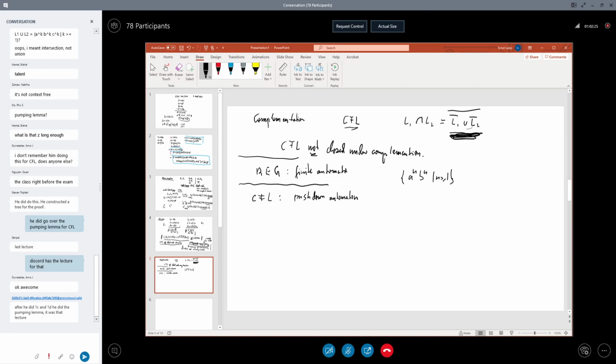And so what is it that made that not regular? The problem is that we have a bunch of A's, and then we want to determine that it has exactly the same number of B's. That ability to compare the number of A's and the number of B's is what made that language not regular.